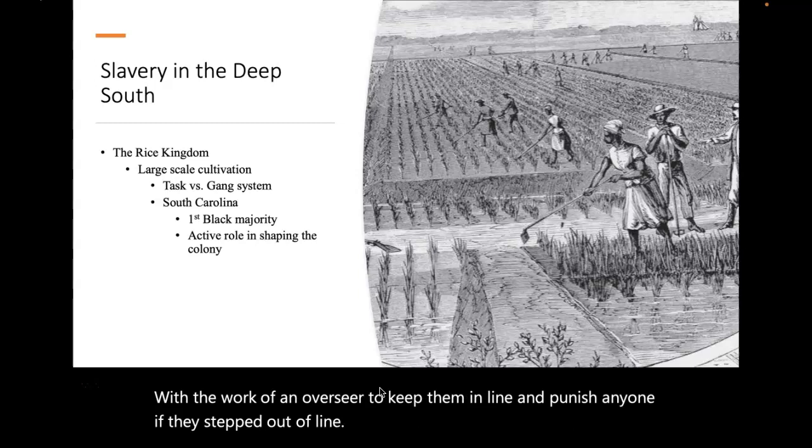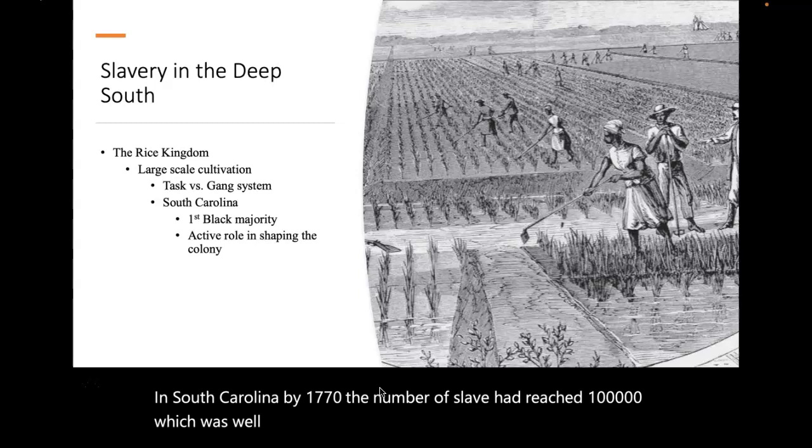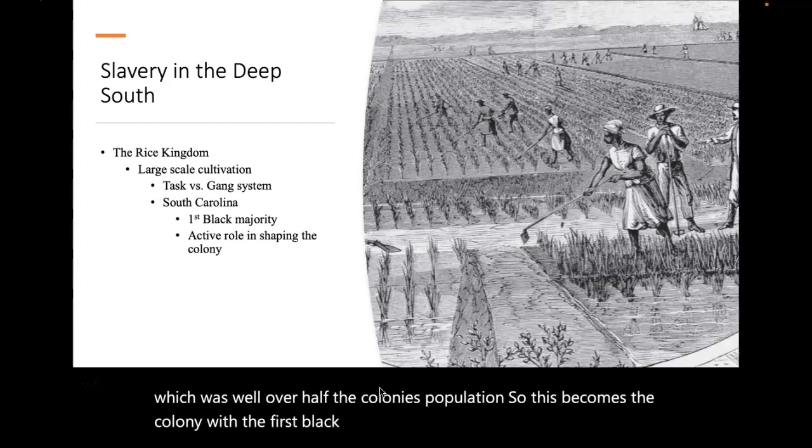In South Carolina, by 1770, the number of slaves had reached 100,000, which was well over half the colony's population. So this becomes the colony with the first black majority, where slaves outnumbered free whites.